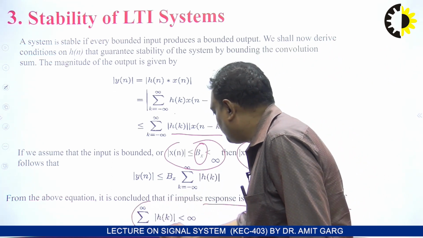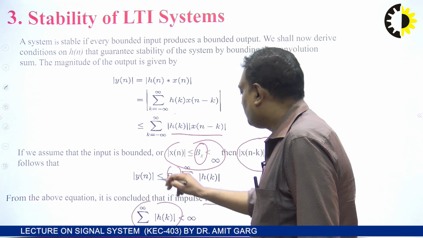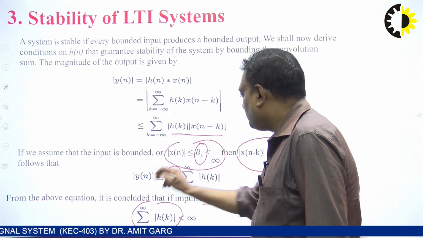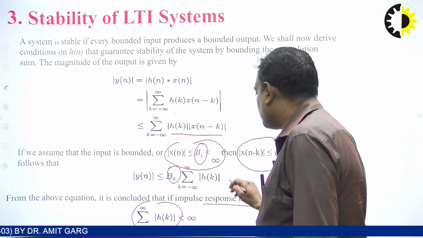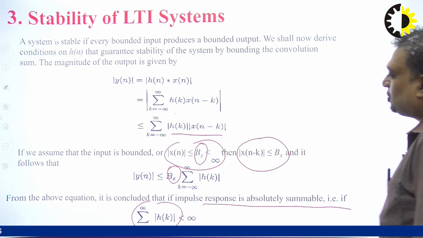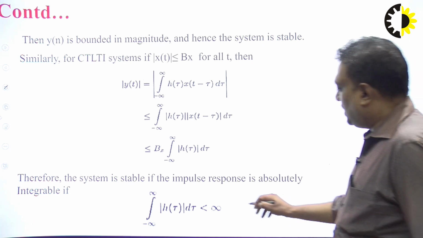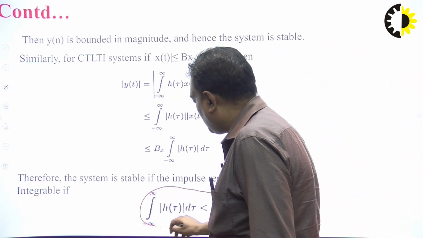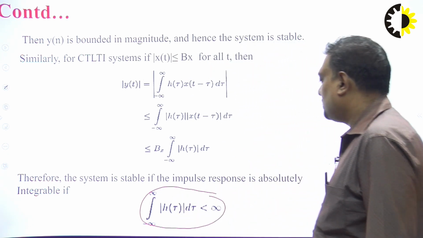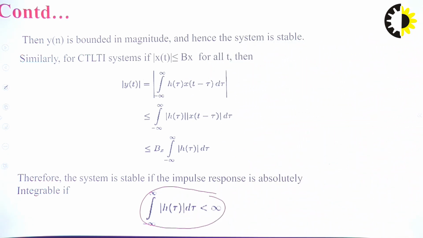Because Bx is already a finite value, y[n] will be finite only when this sum is less than infinity, which is also called absolute summability. Similarly for a continuous-time LTI system, the convolution integral, the integral from minus infinity to infinity of the modulus of h(tau) d tau, should be less than infinity.